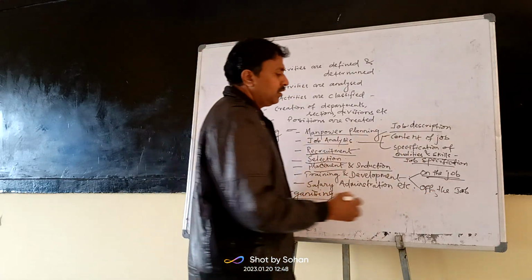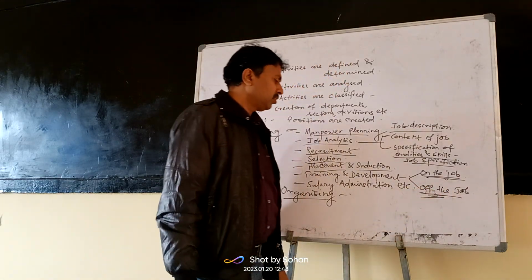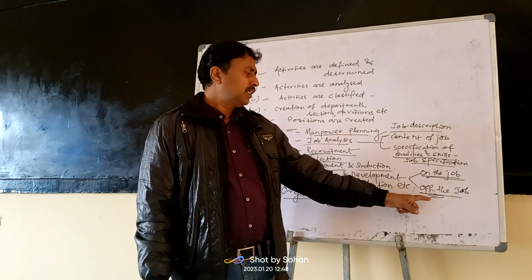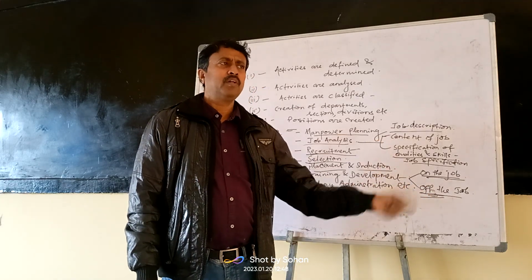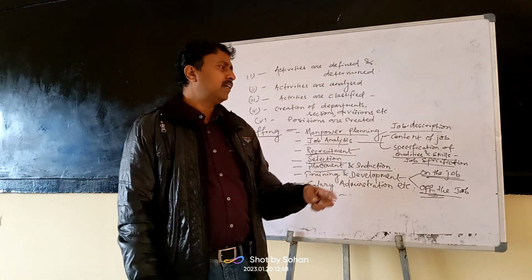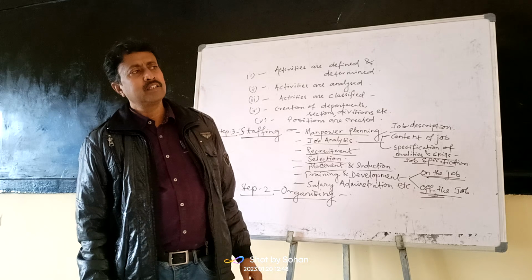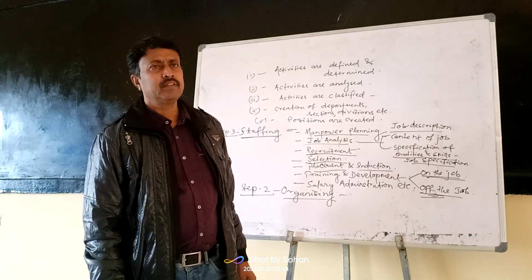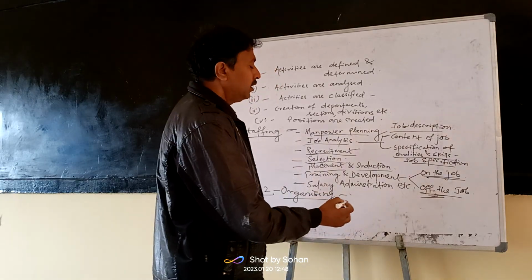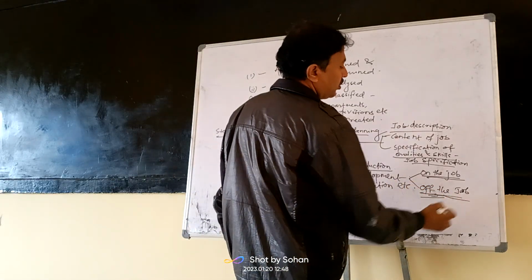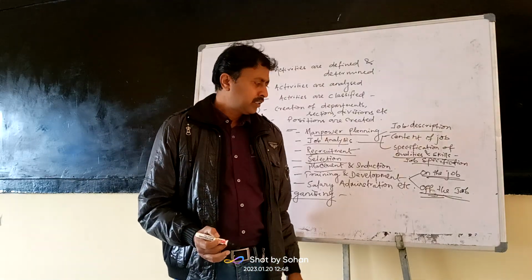Similarly, off-the-job training is just the opposite. The employee is taken out of the job, and the training is imparted in another place. Sometimes a training center, and sometimes there are some specialized institutions to which the employees are normally sent.